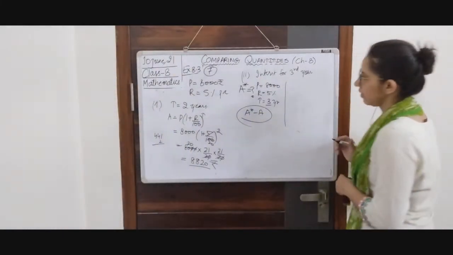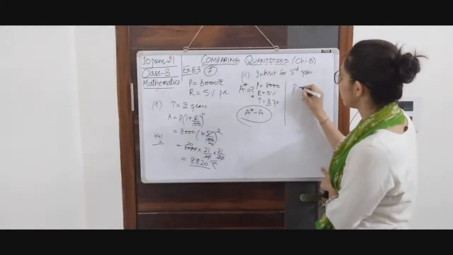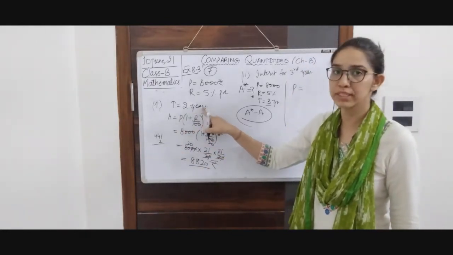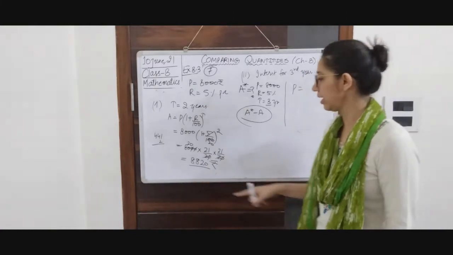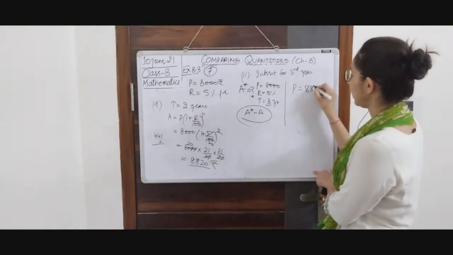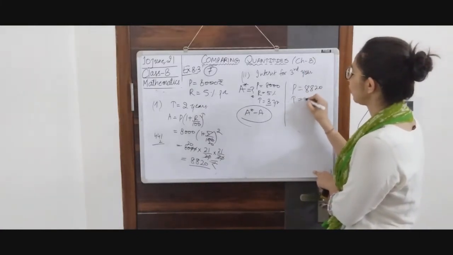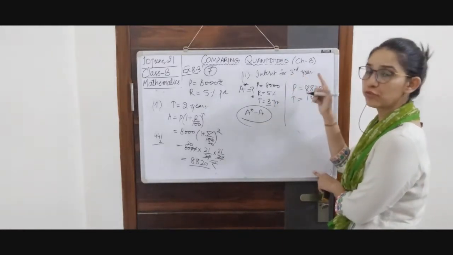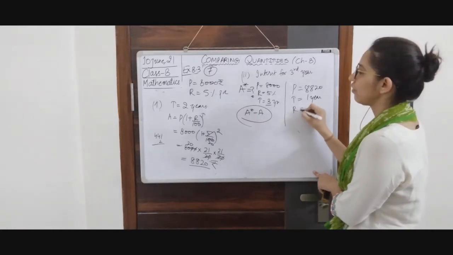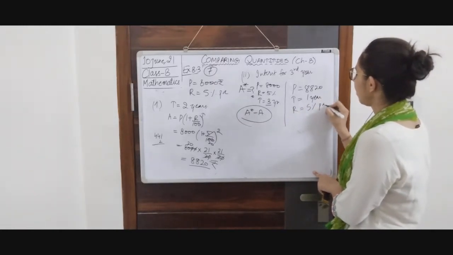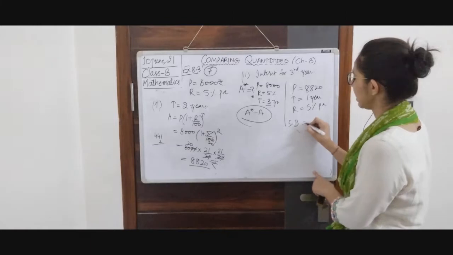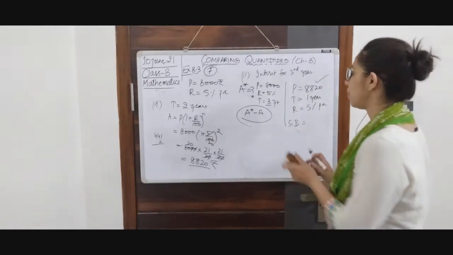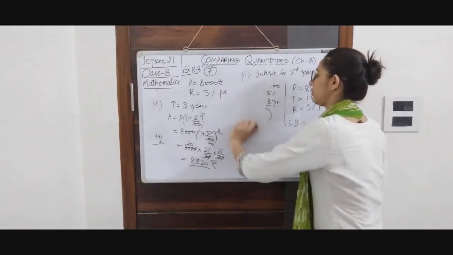And the second one is you will take the amount after 2 years, which was compounded annually, as principal, 8820. Time you will take 1 year, because we are calculating for only 1 year after 2 years. R will be same as 5% and we will calculate simple interest. This one is quite easy, so we will be using this one.